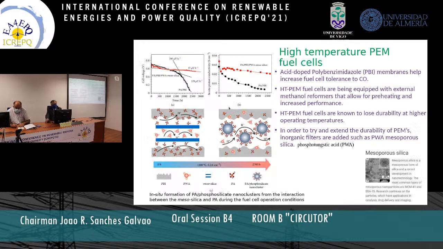Here's some research data on high temperature PEM fuel cells. In this curve here, we're looking at cell voltage versus number of hours of operation. So depending on what type of membrane is used, you can see the cell voltage drop rapidly, as is shown in the black curve, using phosphoric acid-based membranes. And you can see much improvement indicated by the red curve. That's for a different type of membrane using a mesoporous silica nanomaterial.